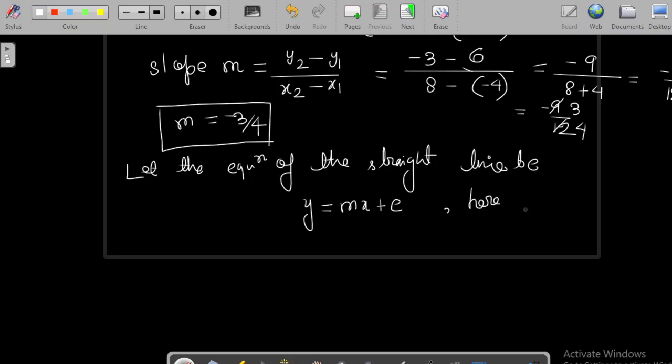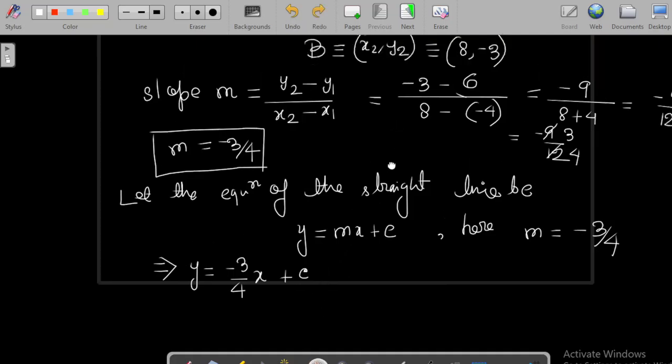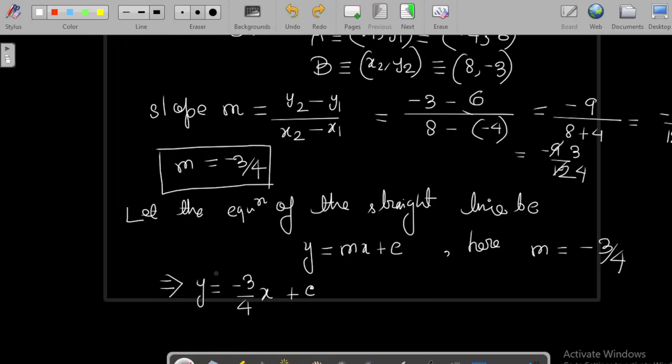Here we have already found out m, which is -3 by 4. So since y is mx plus c, the equation becomes y equals -3 upon 4 x plus c. Now we don't know this c. So how to find out this c? In order to find out this c, we have to find a point which lies on this straight line.